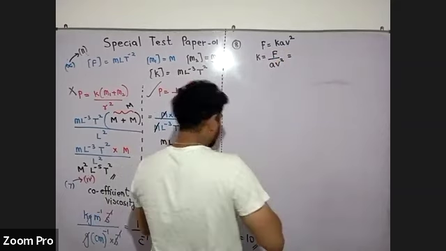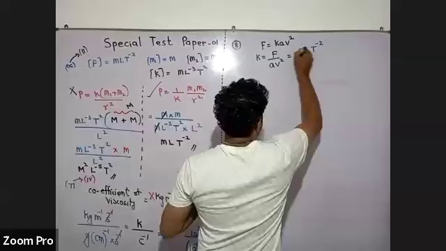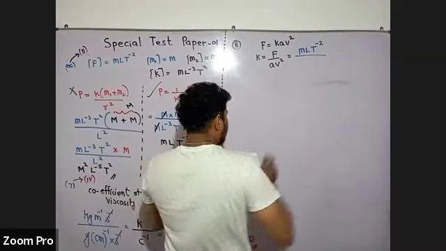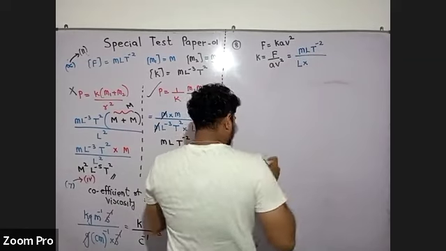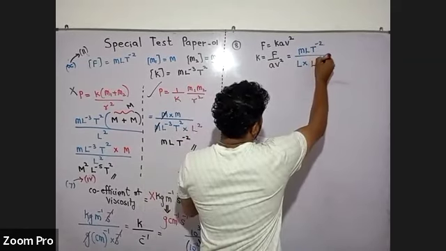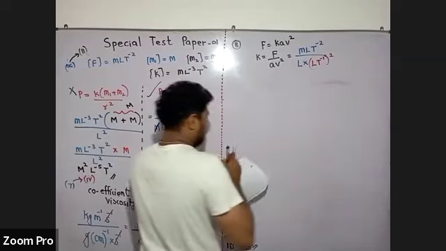Now, F means MLT minus 2, over, here a represents the radius, that means L. V means velocity, so it should be LT minus 1, but we have to consider the square.